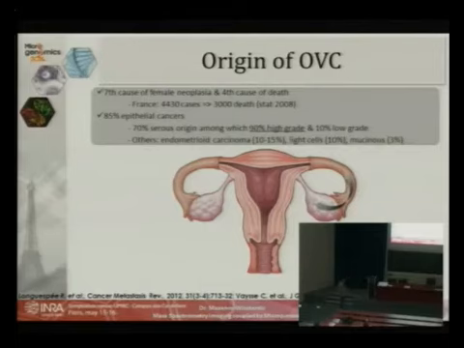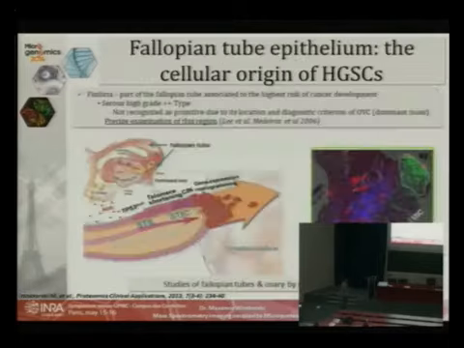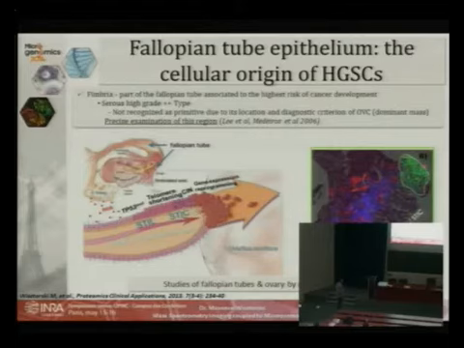But some new hypotheses show that there is maybe an origin on the fimbria end part of the fallopian tubes.